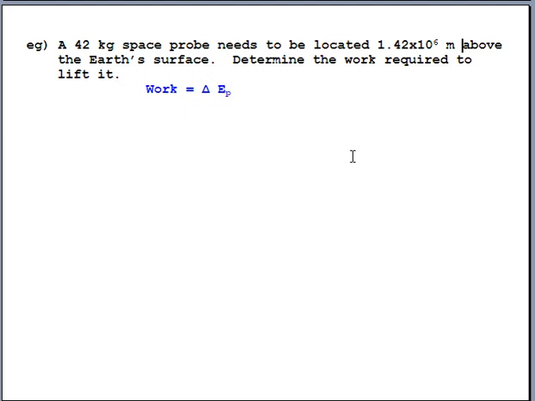So if I'm not worried about changes in kinetic energy, if I'm just worried about lifting, then what I want to do is just find changes in potential energy. That should tell me nicely how much work it will be to lift it up. So if I can find the final potential energy using that new equation and then the initial and subtract, I should be good to go.